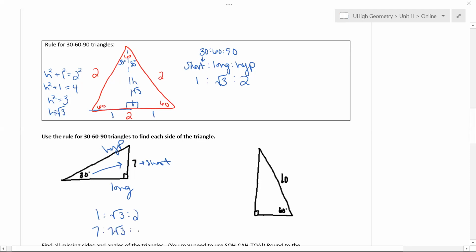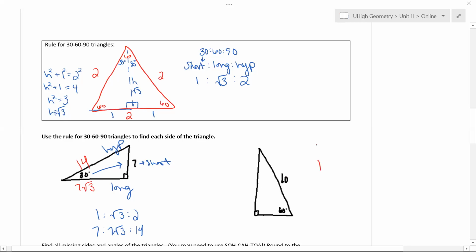My hypotenuse is going to be 14. So short side is 7. Long side is 7 root 3. My hypotenuse is 14.